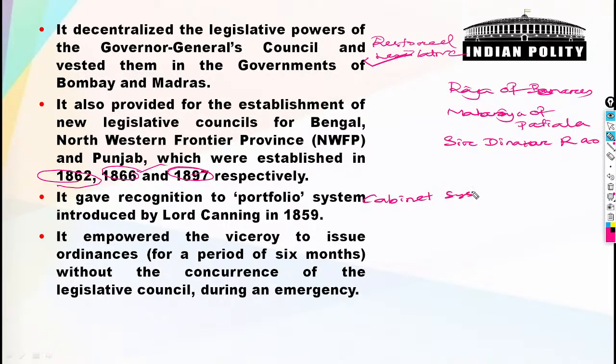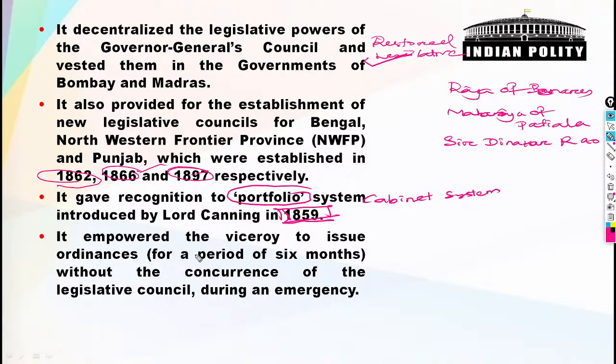The business of the government was categorized into various departments, which are called portfolios. The portfolio system was introduced already by Canning in 1859, and this act gave it legal sanction. That is to be remembered also.